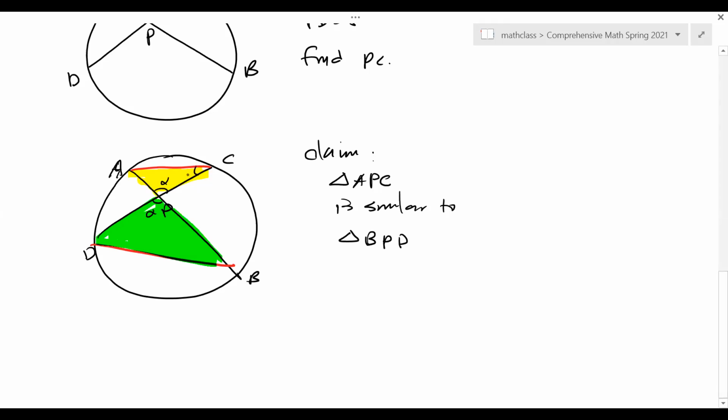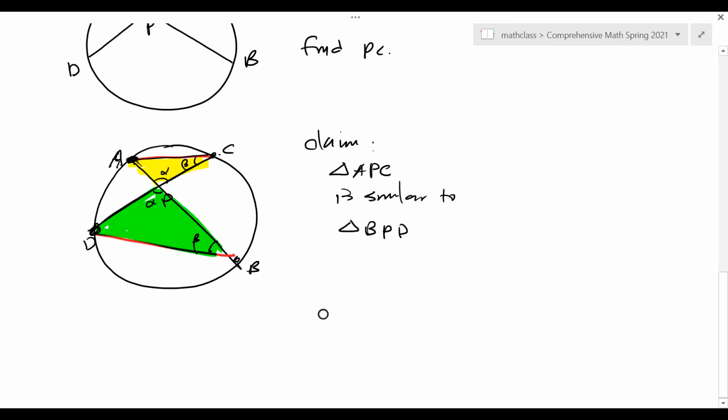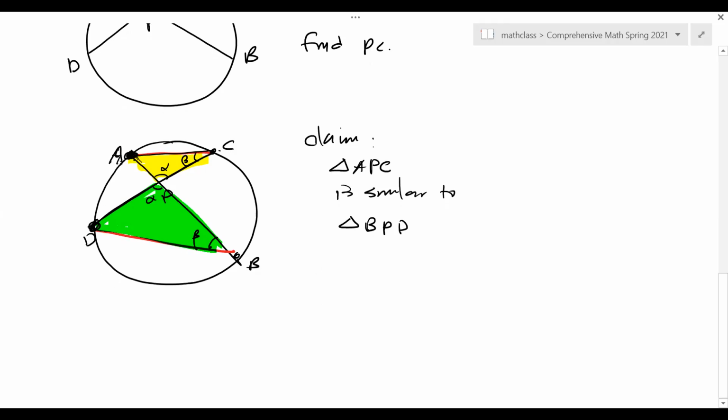Now look at this angle beta. This is a triangle, right? From A to C, then from C to D. So this should be the same here, beta, because they have the same common points, A and D. C and B are different points on the circle, so they have the same 2 foot points, A and D. That's why this angle is the same.